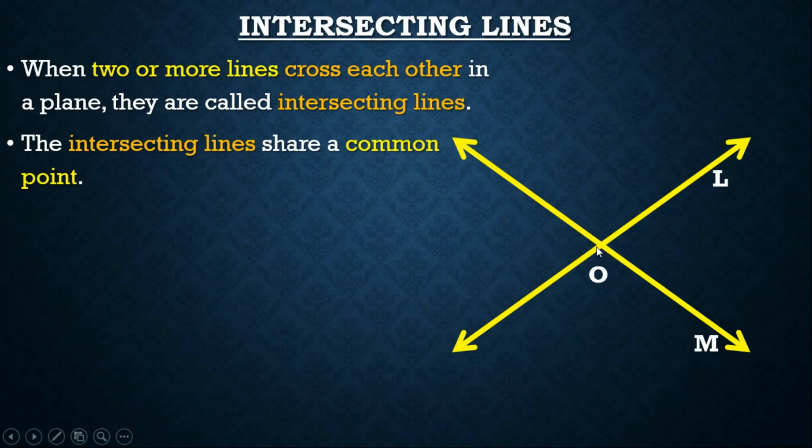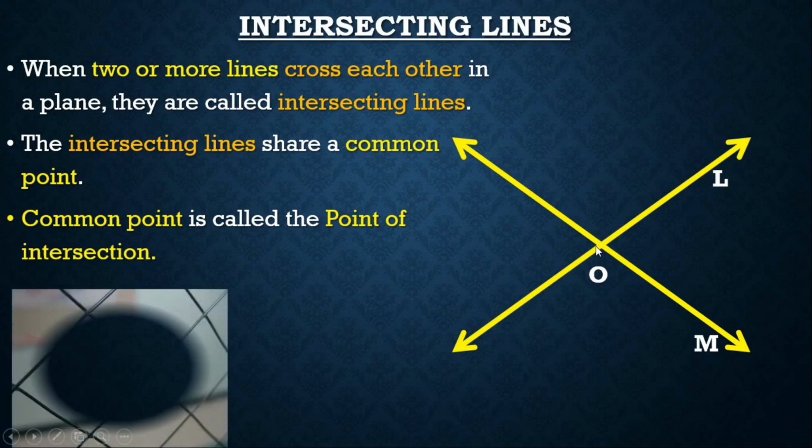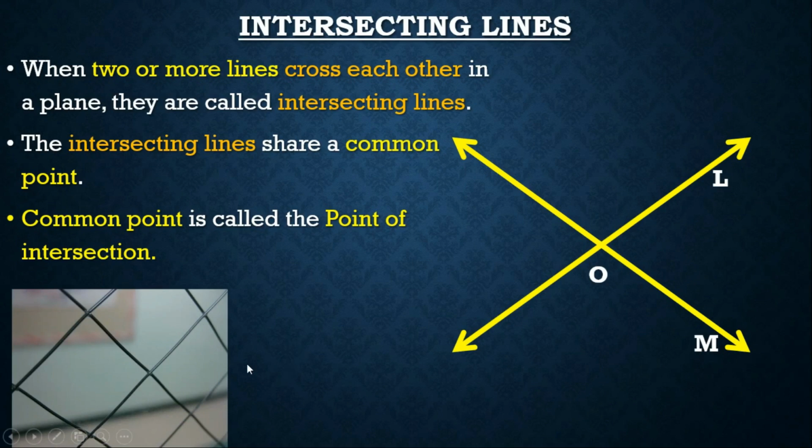Point O is the common point shared by these two lines, L and M. A common point is called a point of intersection. So line L and line M intersect at point O, and this point O is known as the point of intersection.